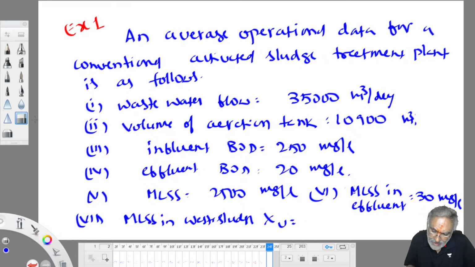That is XU. I'll write it afterwards. Effluent suspended solids means MLSS in effluent. Suspended solids in waste sludge means MLSS in waste sludge. Quantity of waste sludge.